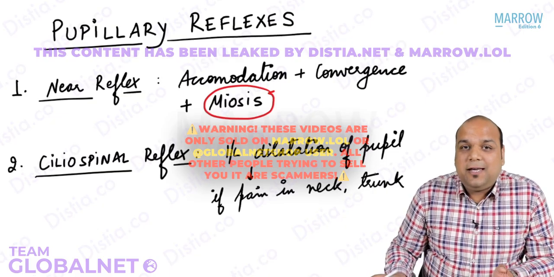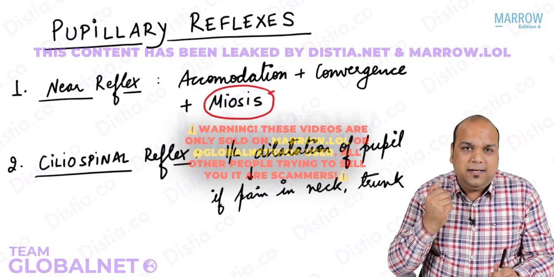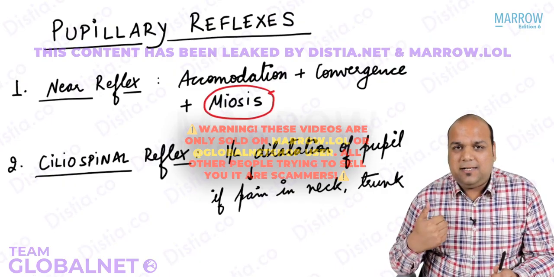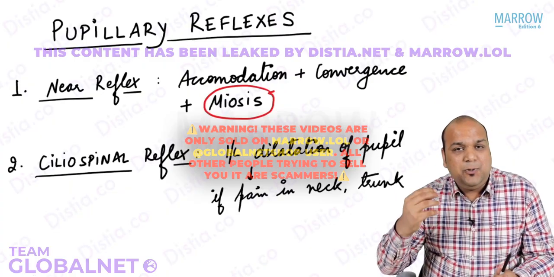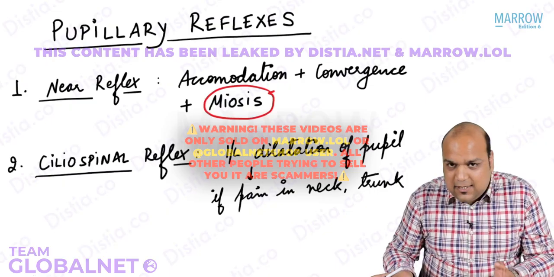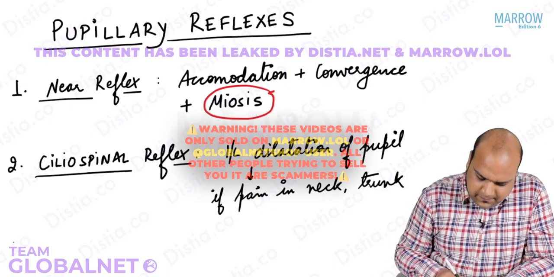What do I mean to say? Yes, as a response to me pinching my neck here, pain is generated, everybody. My ipsilateral pupil will dilate, everybody. Ciliospinal reflex. So as a response to the pain in neck or trunk, my pupil will dilate.